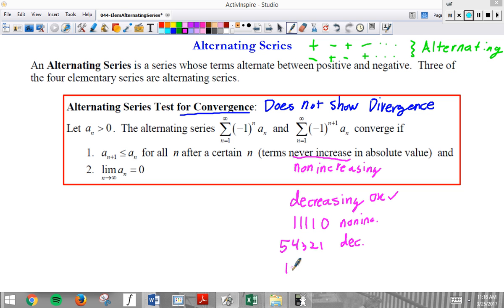And obviously 1, 2, 1, 0 is neither. Okay, just so we can see what we're talking about. So either of these are okay. Not this. Not going up or down. That's what never increasing means.